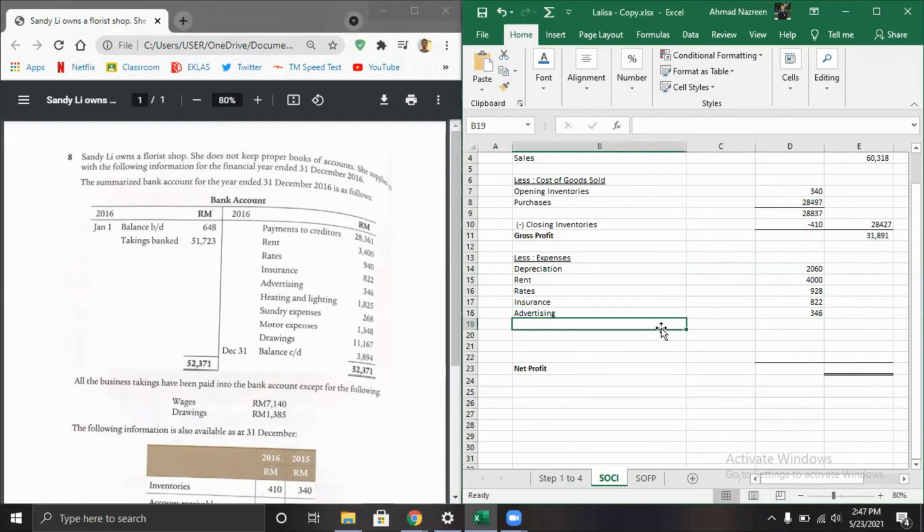The next information in the question is the heating and lighting, also known as utility bills, totaling 1,825 ringgit. Next is the sundry expenses, totaling 268 ringgit.